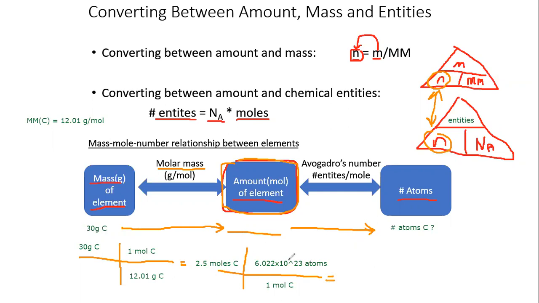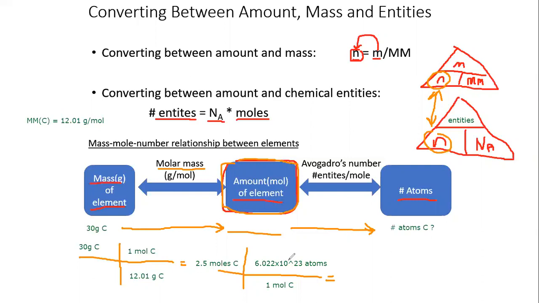When you do this operation, you're going to have to put the number in scientific notation. And if you're using a TI-30, what you would do is type in 2.5 times parentheses 6.022, and then you would hit second x negative 1, and you'll see a capital E show up.